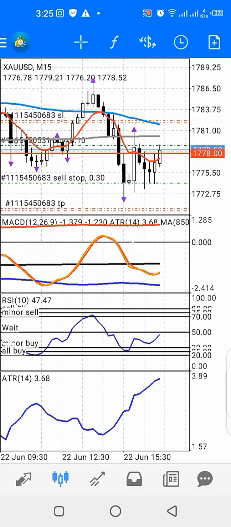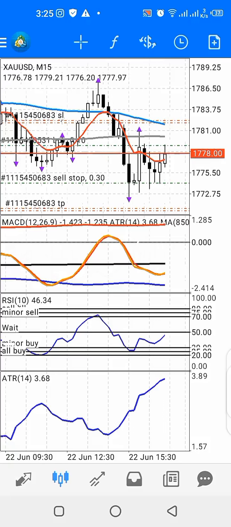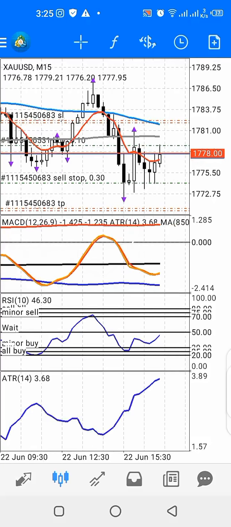Don't forget, the original trade is a buy trade, 0.10 lot size, and the cover or the insurance for that buy trade, in case I have drawdown or in case price goes against me, is a sell stop order. As you can see on the screen, 0.30 lot size.